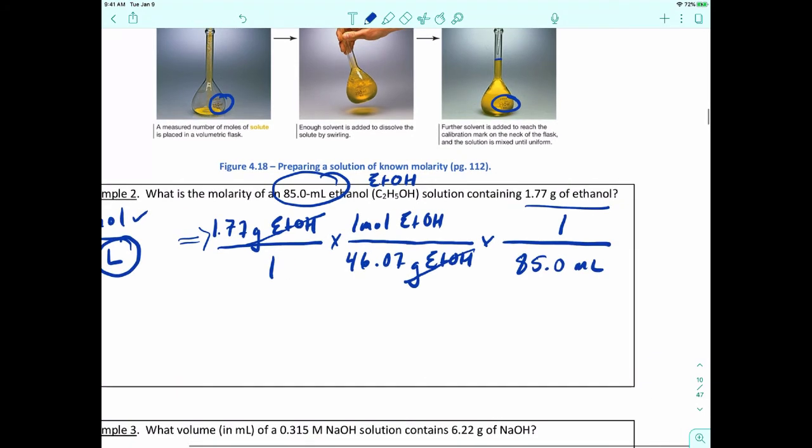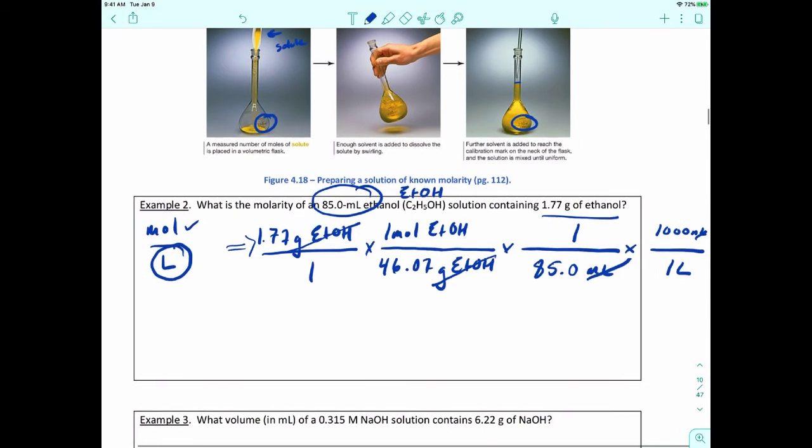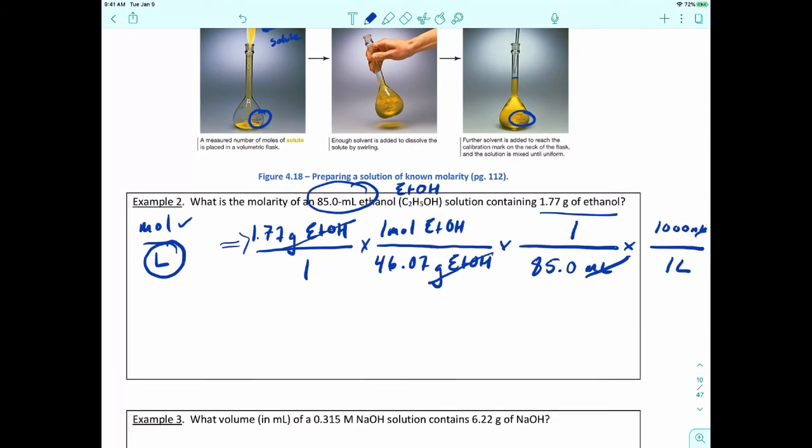Now, the only problem with that is now we have to convert from milliliters to liters. So for every 1 liter, there's got to be 1,000 milliliters. So that way, milliliters cancels out. Now, look at what happens to the units. What are we left with? Well, notice you've got moles of ethanol on the top.